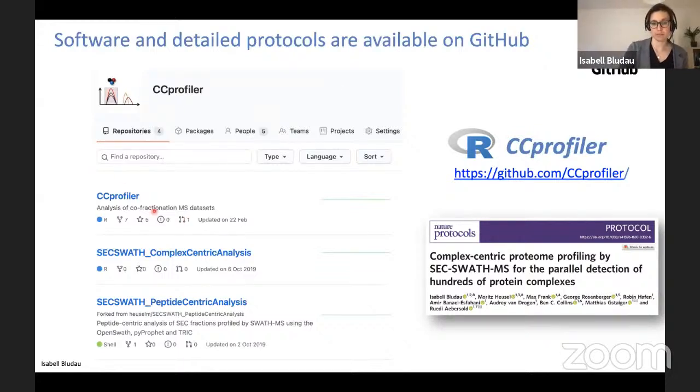And there's not only the package itself, but there's also a complete walkthrough of the general steps of the standard complex-centric analysis and even of the DIA analysis with OpenSWATH. And you can find more details in this protocol paper. And for the COPF analysis, I've also set up a Git repository, which you can find on the bioRxiv paper.